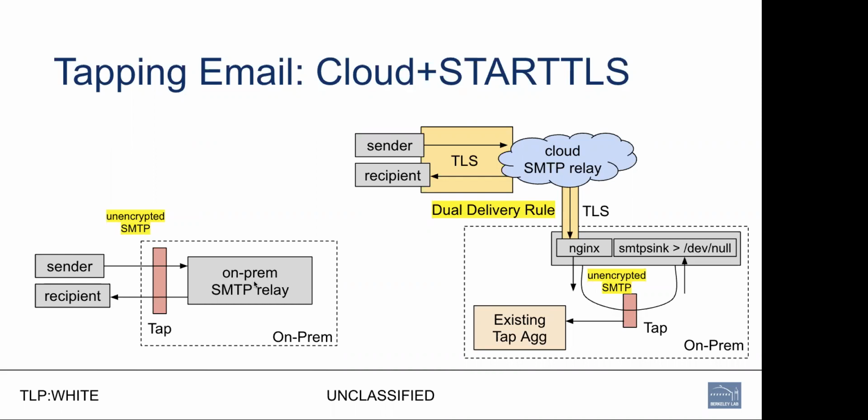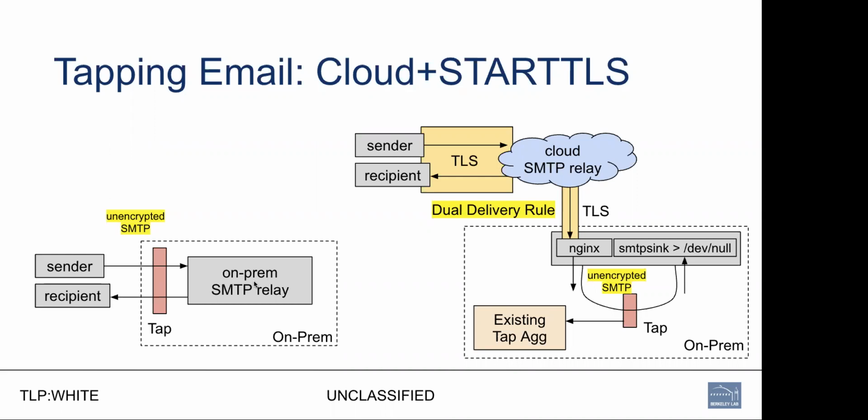But then, we needed to modernize and move our email up to a cloud-based SMTP relay, and we needed to start doing TLS for encryption between relays. And so both of those things would take away our visibility into email traffic. So the way we approached that was we enabled something on our cloud SMTP relay called dual delivery, which is basically, it says for every message in or out of your organization, send a copy of it to this other place.